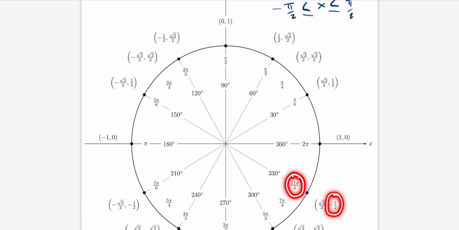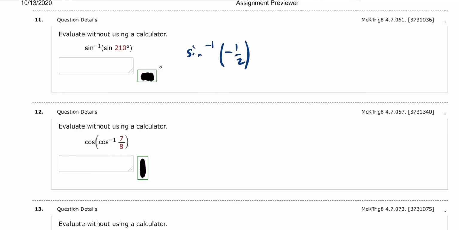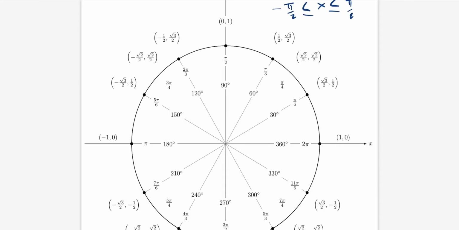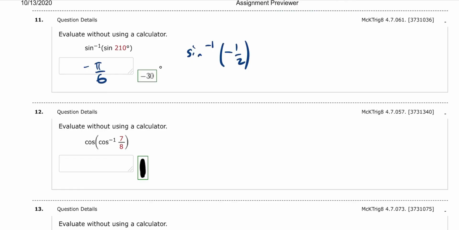And this would be the angle, but we don't call it 11/6, we call it negative pi over 6. Pi over 6 is the same as 30 degrees. So it should be 30 degrees because they're asking for degrees, I believe. Yeah, see the degrees. So my bad, negative 30.